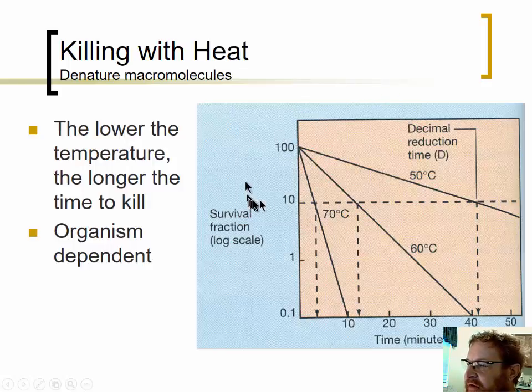And so you can see that at 50 degrees it takes about 40 minutes to kill 10% of the bacteria. Raise it up to 60 degrees, and now in just 12 minutes we have the same amount of killing. And to kill 10% of the cells at 70 degrees only takes about 4 or 5 minutes.